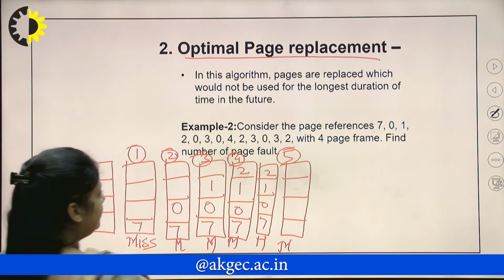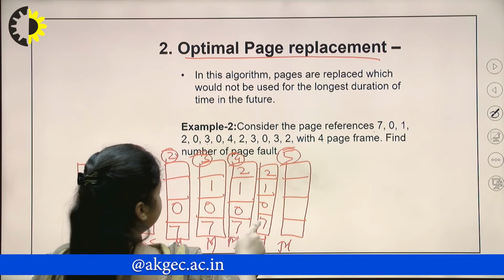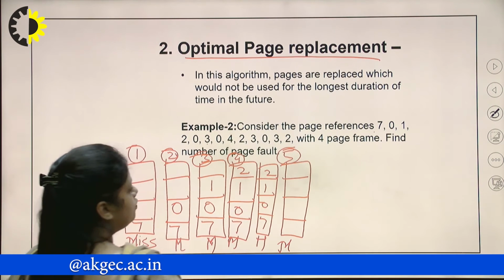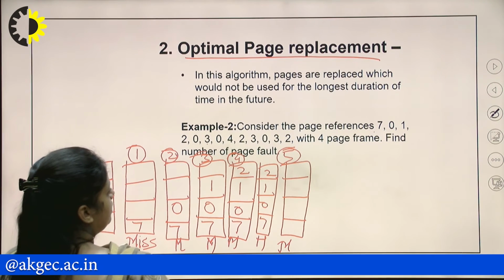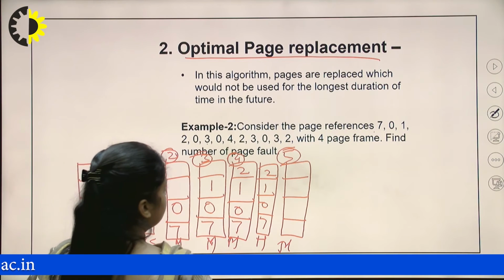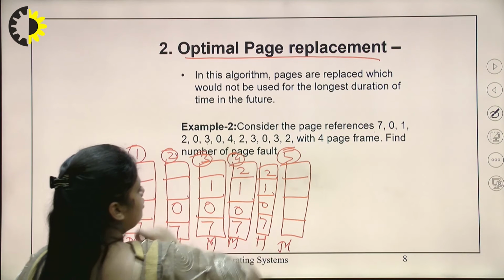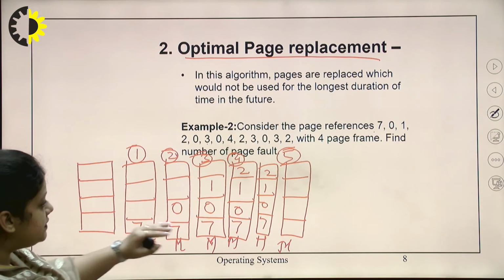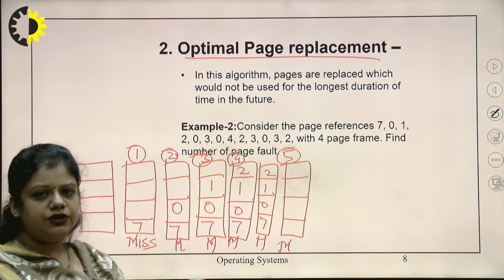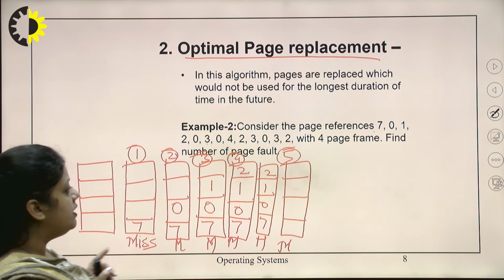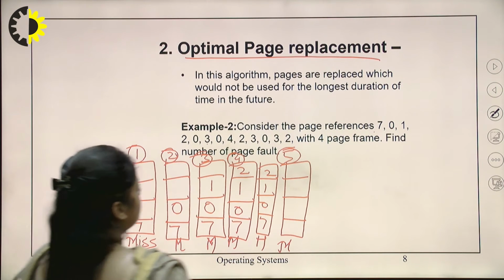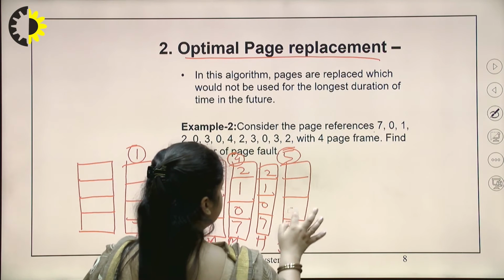So for this 3, I refer to 7. 7 is not going to be used for the longest period of time. Even 0 is going to be used, 2 is there, and 1 is also not going to be used. So out of 7 and 1, both can be replaced, but 7 was the one which entered first. So 7 will be replaced by 3.